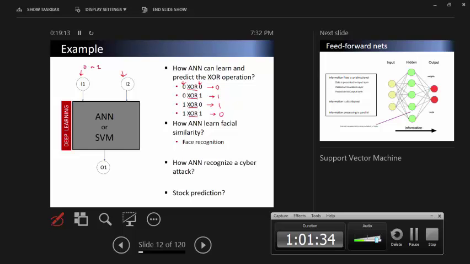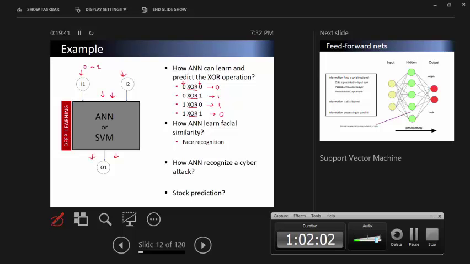And then we have output. Here, this is output. In this simple example, we have 2 inputs and 1 output. But in a real neural network, there may be multiple inputs and multiple outputs.